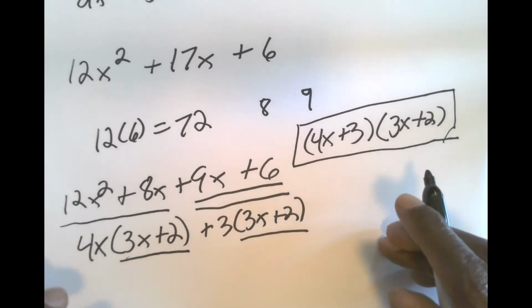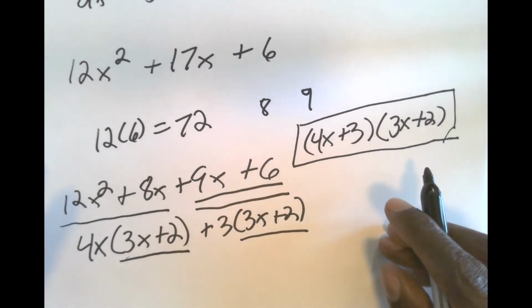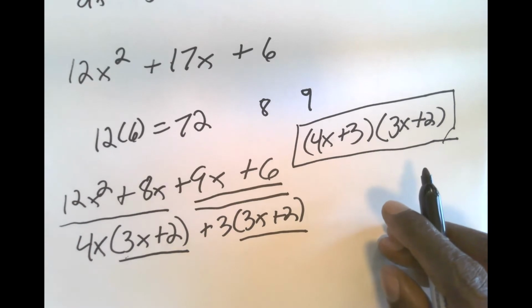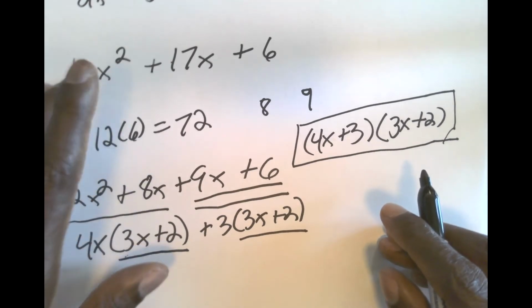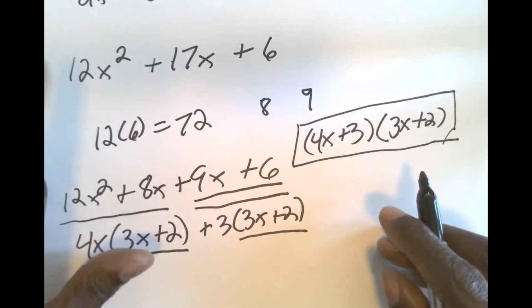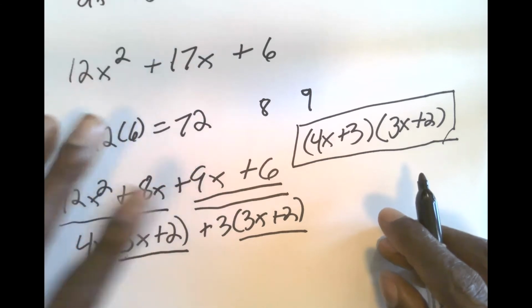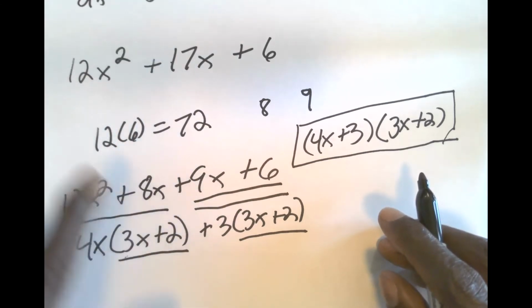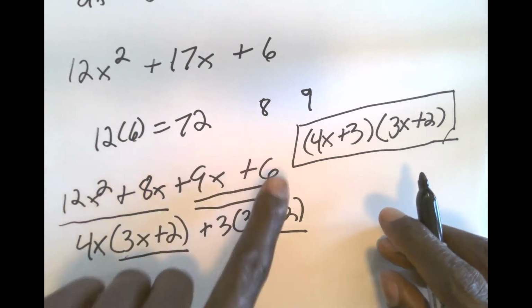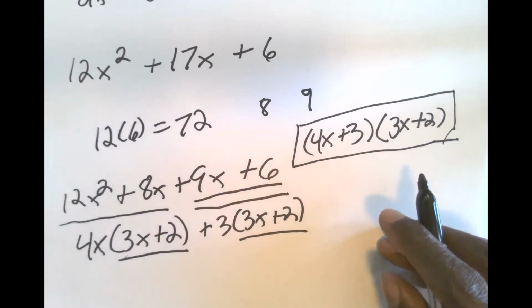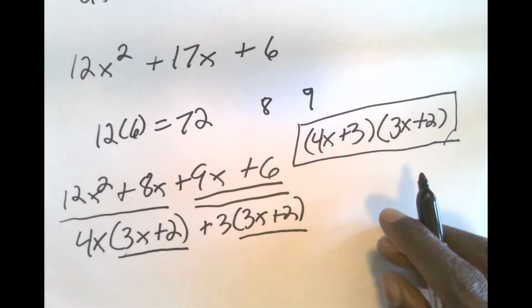Now, the good thing about the AC method is that it's a foolproof, very effective method of factoring these types of quadratics where you have a coefficient other than 1 for x squared, where I don't have to do any trial and error. I just have to figure out numbers that multiply to give me AC and add to give me B, and everything else is the same. There's just a little bit of factoring by grouping.